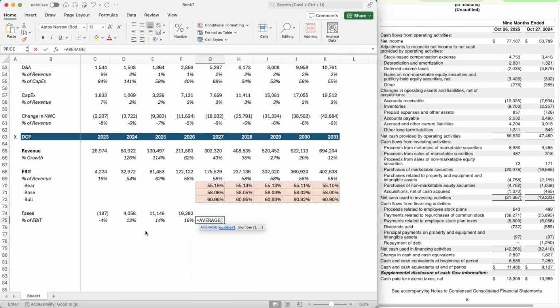Now we take an average of the last 3 years and pull it across.